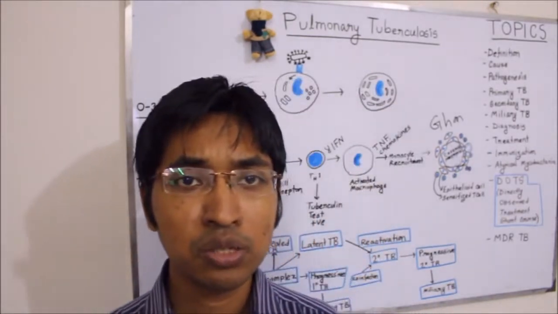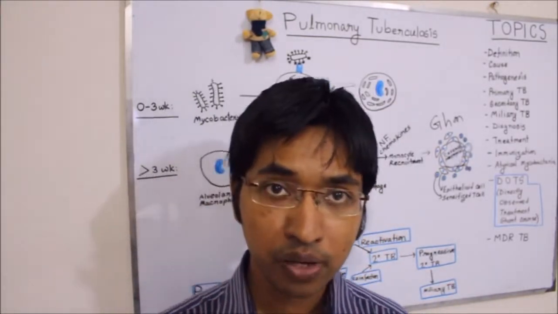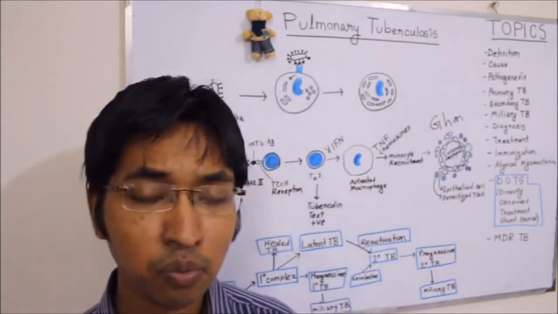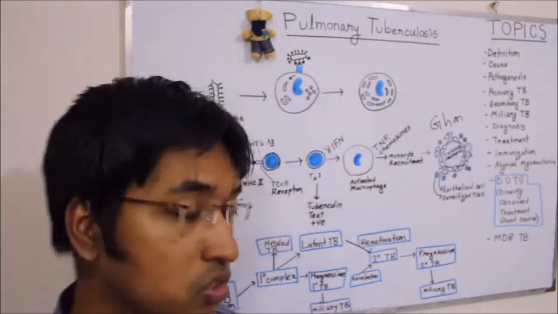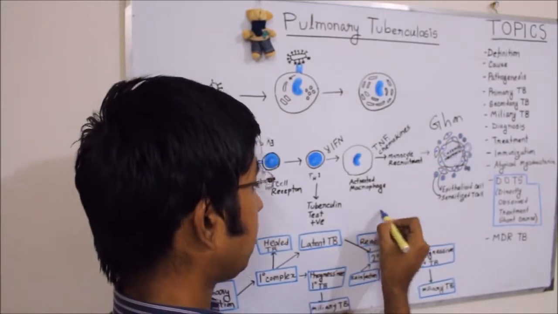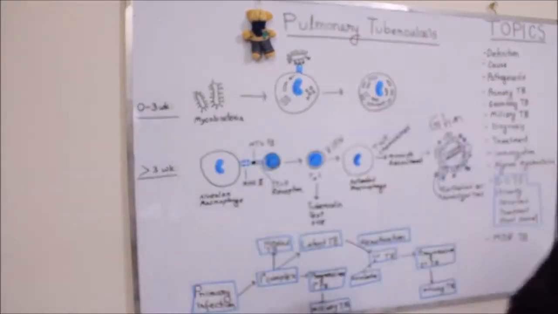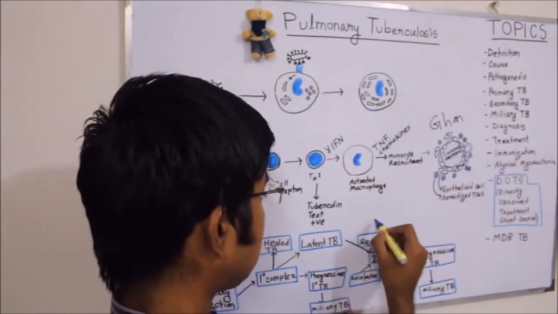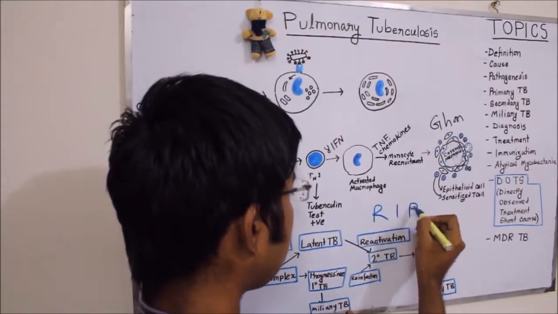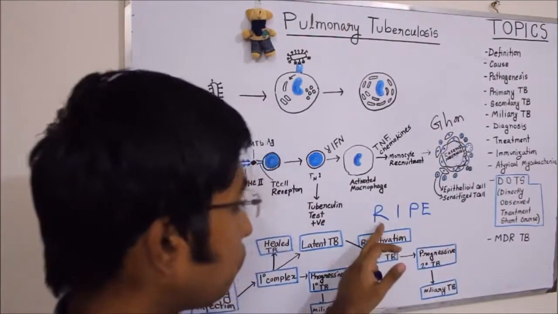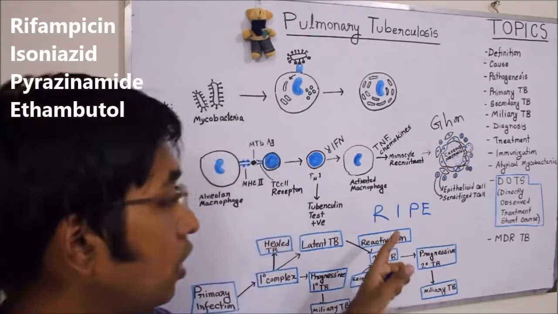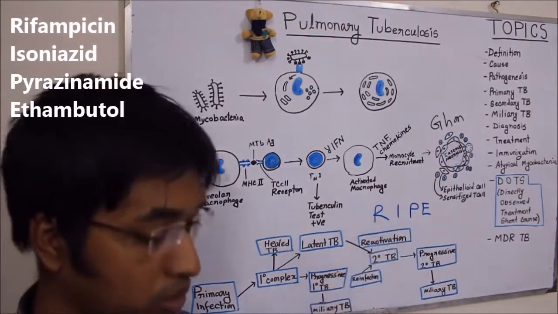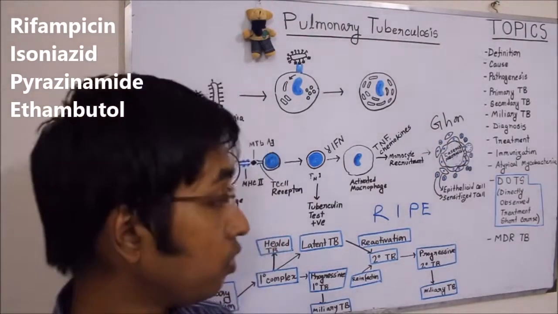And usually we give combination therapy, and one way to remember the name of the drugs used in combination therapy is to remember the name RIPE, that is R-I-P-E. R for rifampicin, I for isoniazid, P for pyrazinamide, and E for ethambutol.